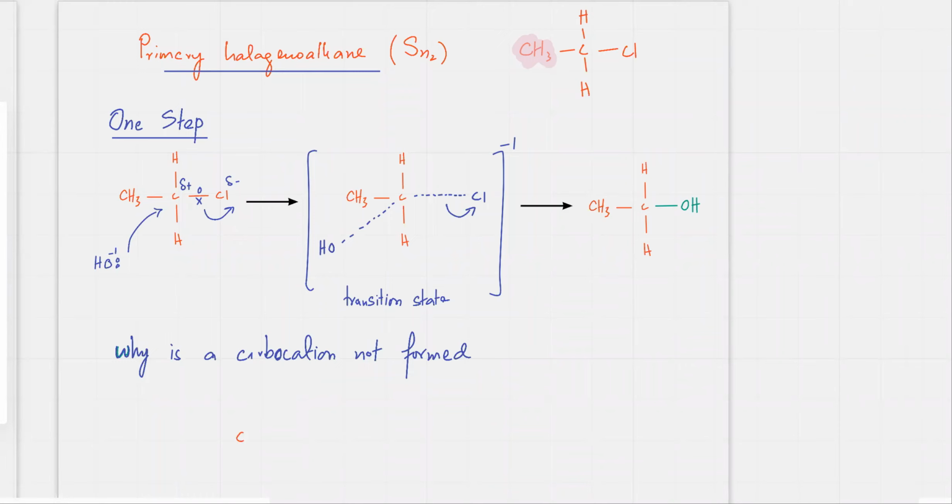Like you've got CH3 and you've got H and you've got a Cl. And the question simply is, why doesn't the Cl just break off on its own first? And then in the next step, a carbocation is formed.